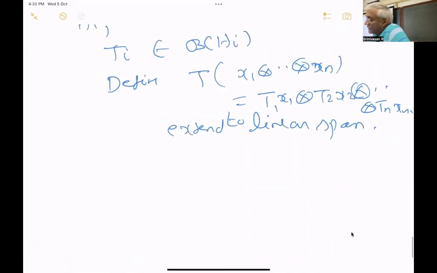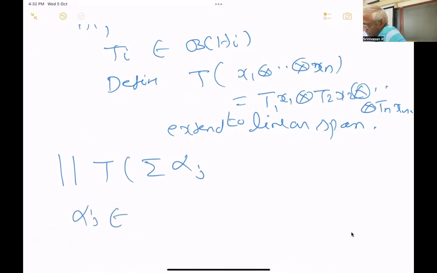Now we want to say that on the linear span it is bounded. For that, we have to worry about T of the summation of alpha_j, some scalars in C, where j varies from 1 to k, times the elementary tensors.